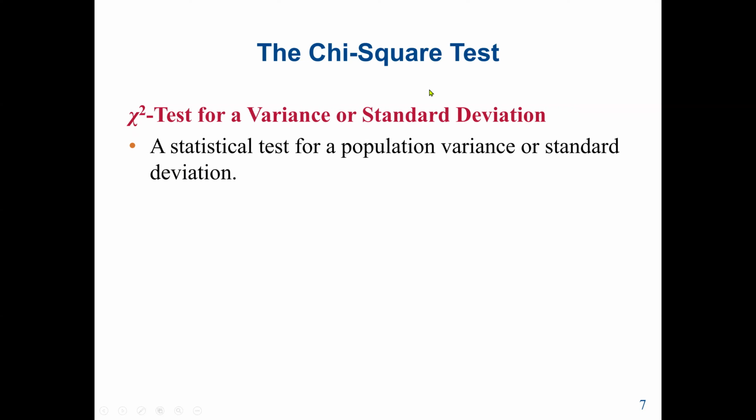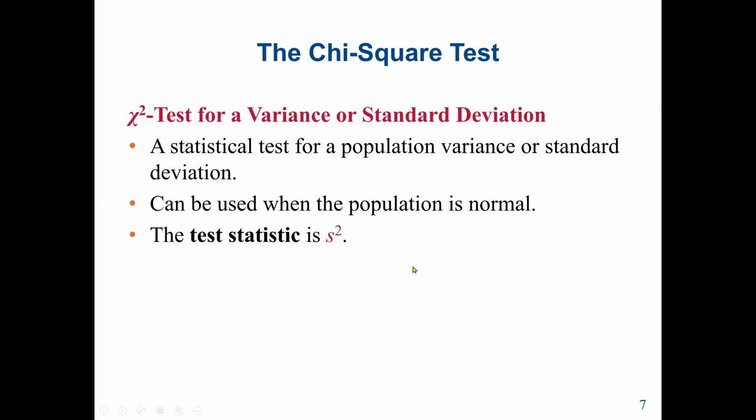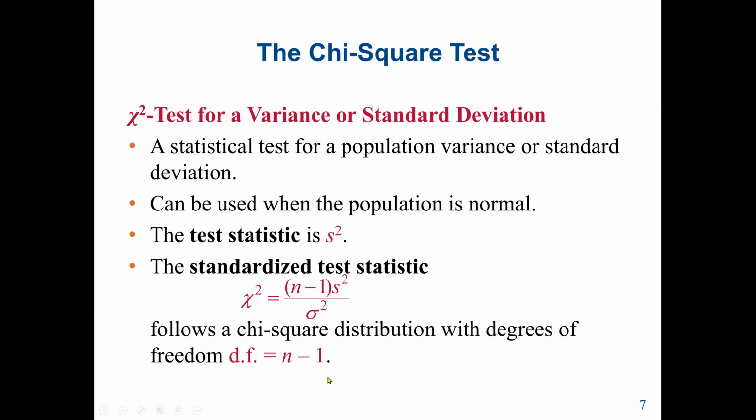So let's do the chi-square test. The chi-square test is for variance or standard deviation. This is a statistical test for a population variance or standard deviation, and it can be used when the population is normal. The test statistic uses S squared, our sample variance.